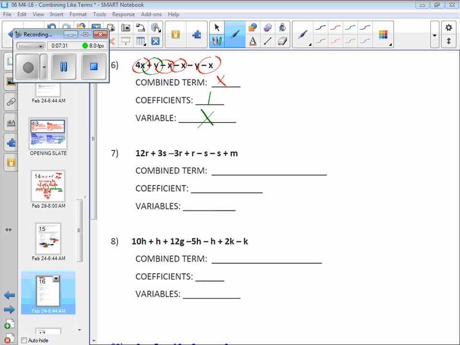I have R, and I have 2 variables I can negotiate, R and S. Oh, you're right, I have an M also. He's a little slick. M. I have 12 to start. It's okay to use fingers, by the way. Well, you don't have 12 fingers. Use your toes. I have 12. And then what am I going to do?